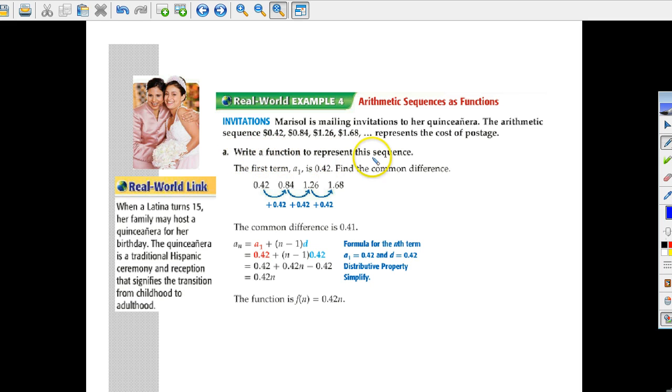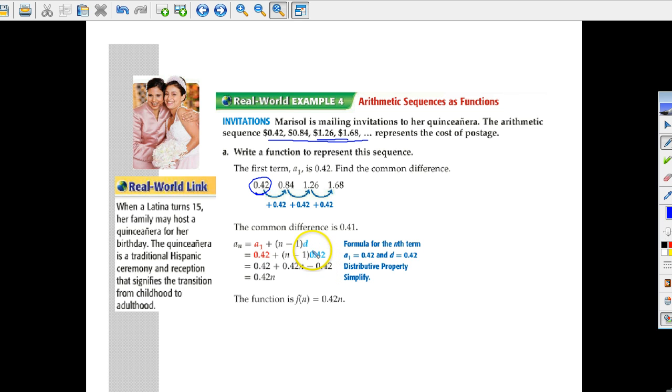Write an equation to represent the sequence. Here are the numbers we're concerned about. This is the first term, and the common difference is 42 cents. So you have a1, the first term, 42 cents, plus the nth term minus 1 times the common difference, 42 cents.